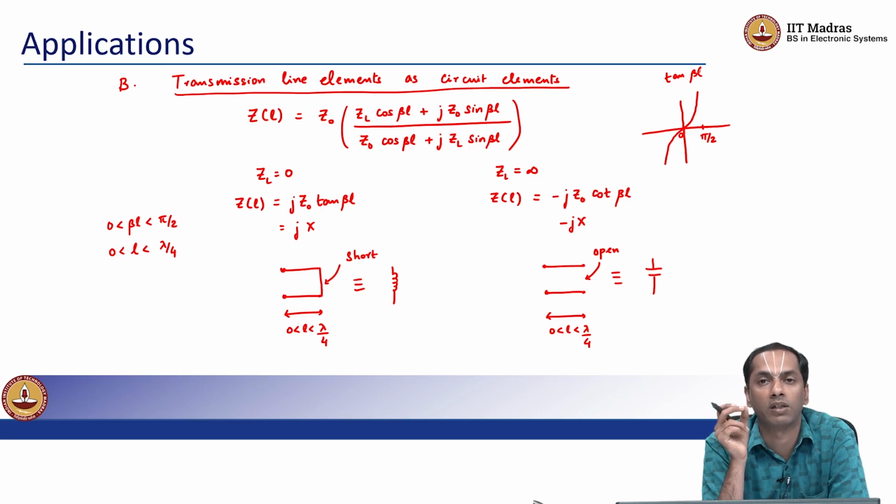And you might have also seen the widths of the transmission lines changing in that example. That may have been an example of a quarter wave transformer possibly. So I'd like you to take these ideas of impedance transformation to even real world circuits when you see them next time.